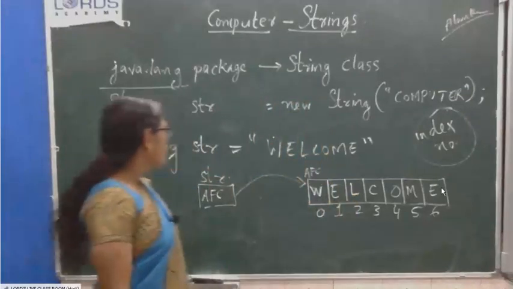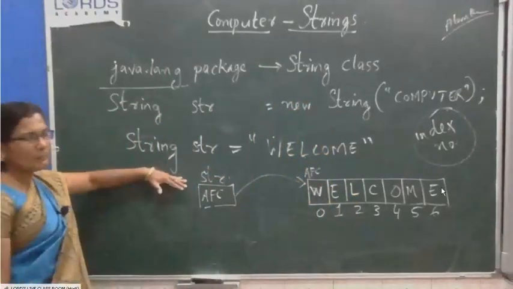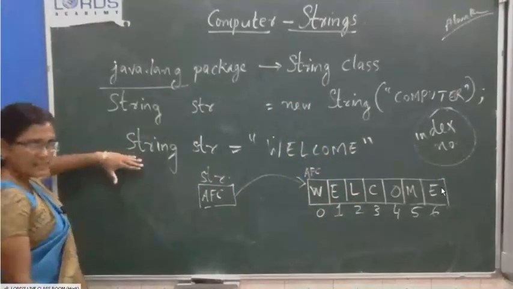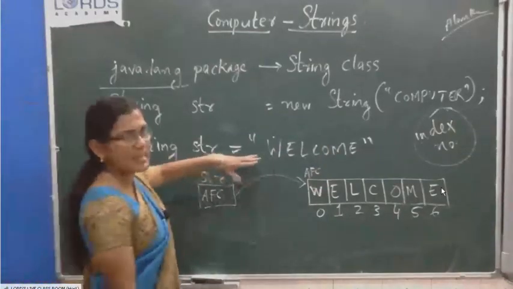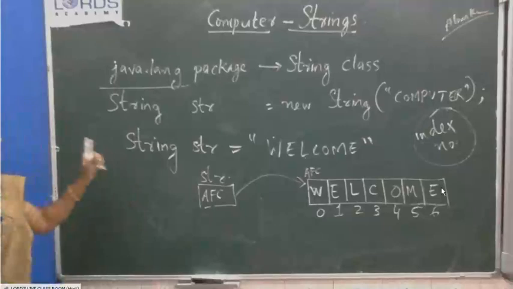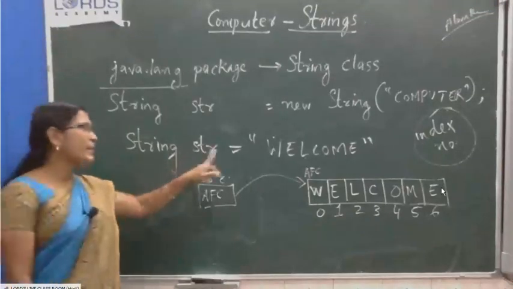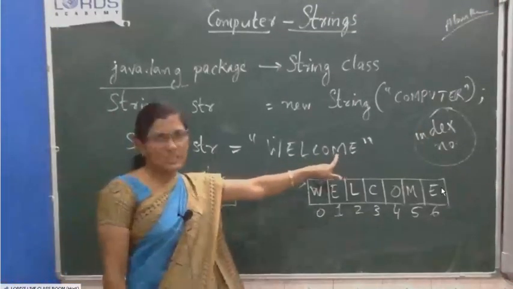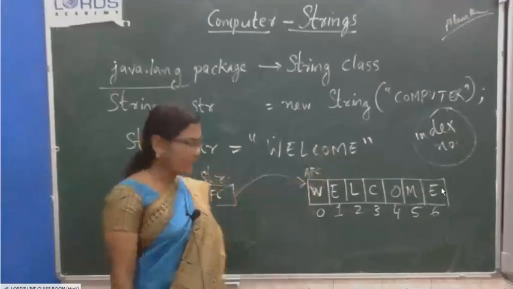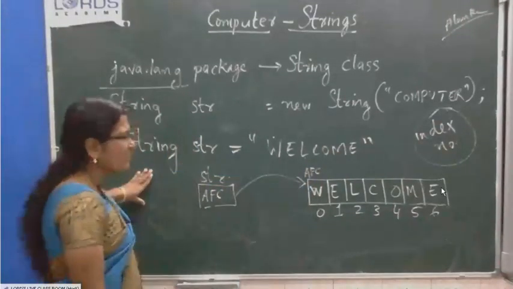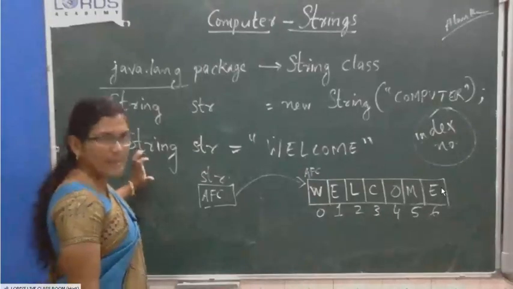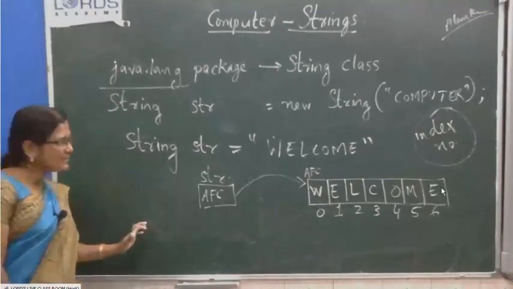You will be able to create a string, that is, store string type data, by using an assignment statement like this: string type variable name equal to the string constant. This is one way. When this particular command is executed, what happens in the memory?